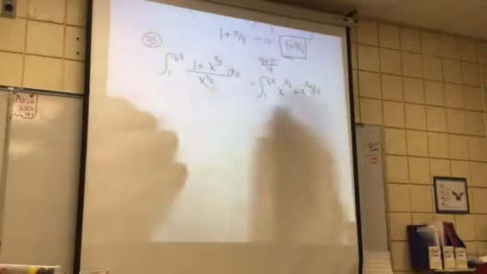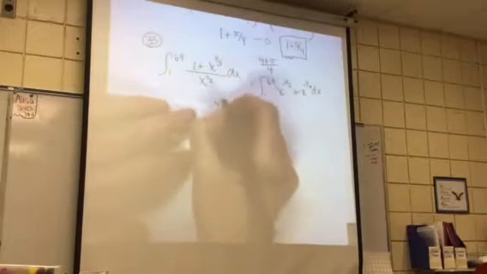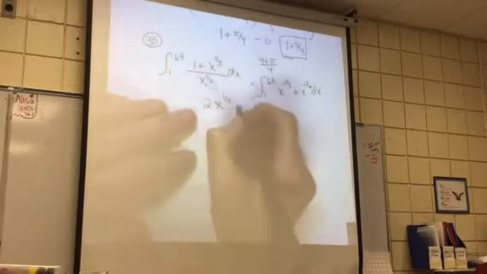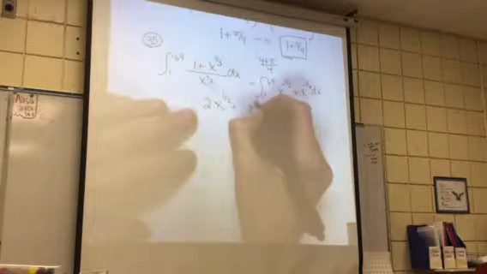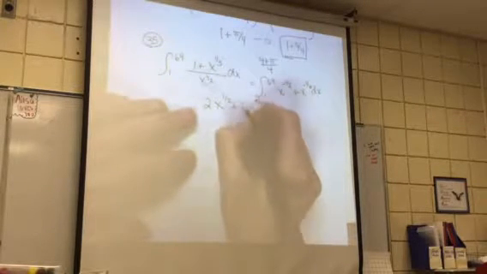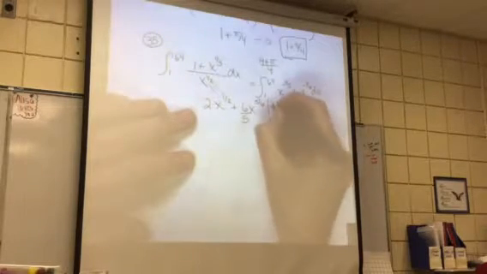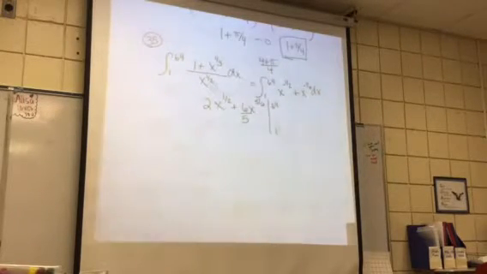And so now when you integrate, you're going to get x to the 1/2 divided by 1/2, which really becomes 2 times, plus x to the 5/6 times 6/5, evaluated at 64 and at 1.